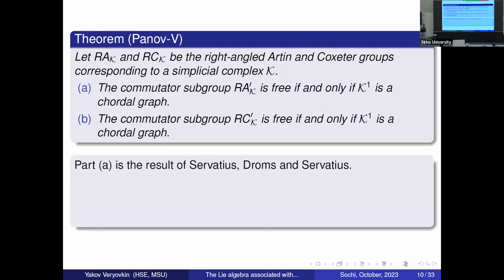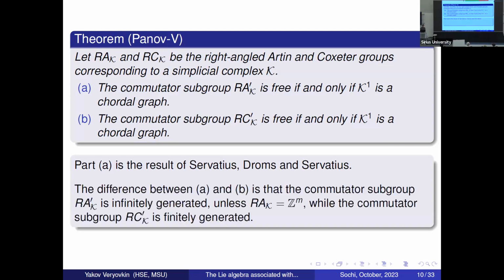Part A is the result of Servatius, Droms, and Servatius. And the difference between part A and part B is that the commutator subgroup of the right-angled Artin group is infinitely generated unless RAK is Z^m, while the commutator subgroup of the right-angled Coxeter group is finitely generated. Okay.